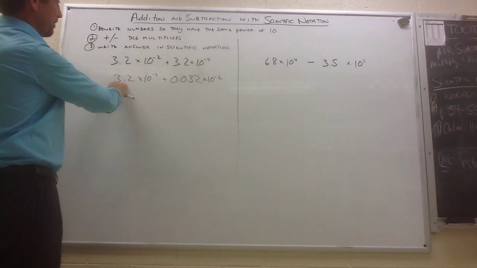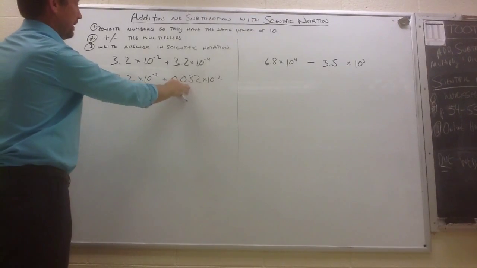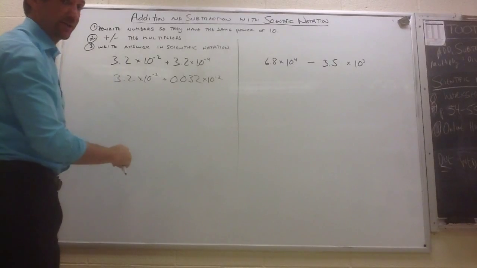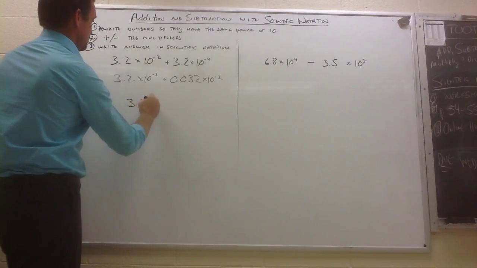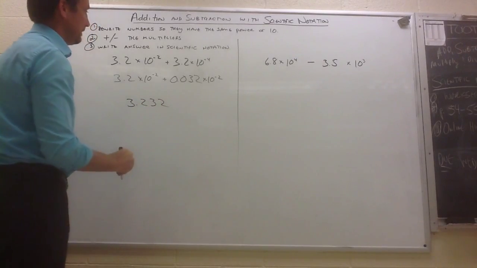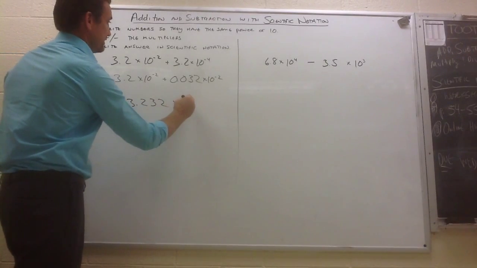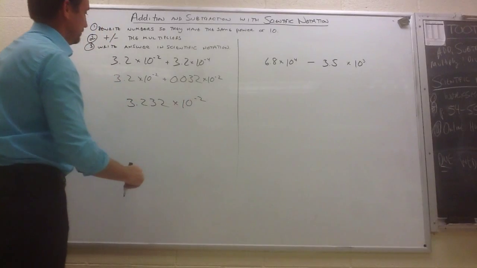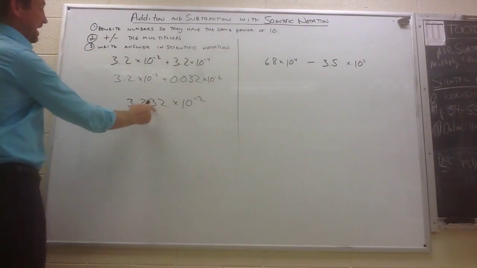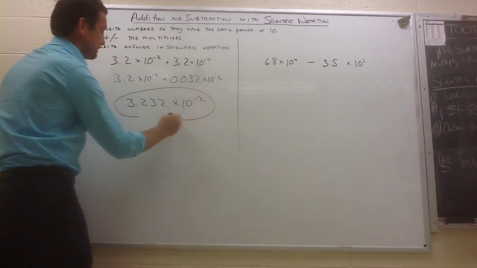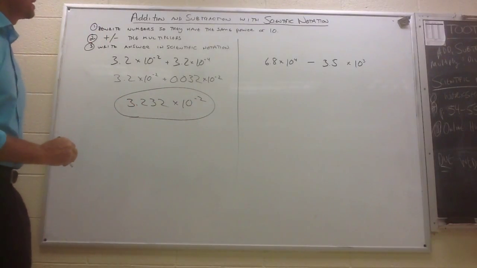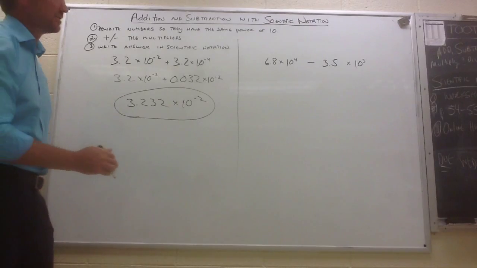So if we were to add 3.2 with 32 thousandths, that would give us 3.232, and that's all times 10 to the negative 2. Now this answer is in scientific notation, so you are finished. That is how you would add in scientific notation.